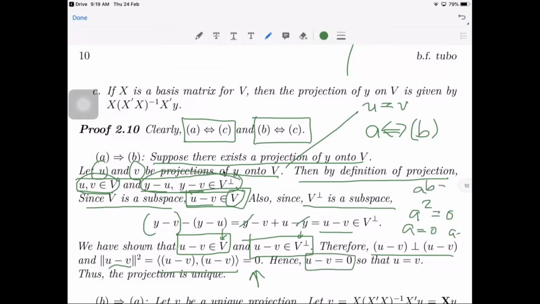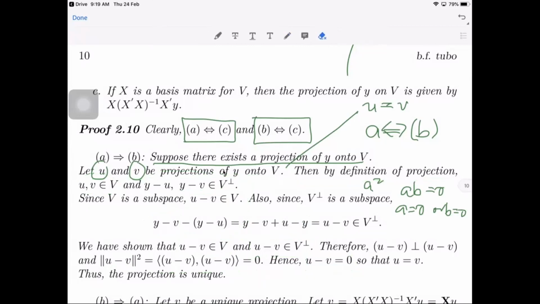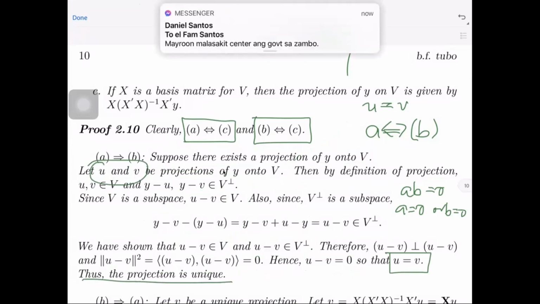A, B equal to 0 means A is 0 or B is 0. So ato din A squared lang. So it means that U minus B is 0, meaning U is equal to V. And then we have shown the uniqueness of your two projections here. That is, U is just equal to V. Therefore, the projection is unique.